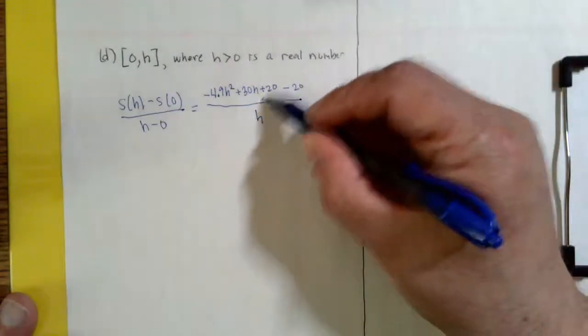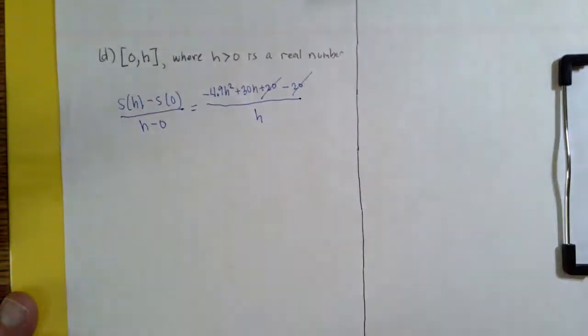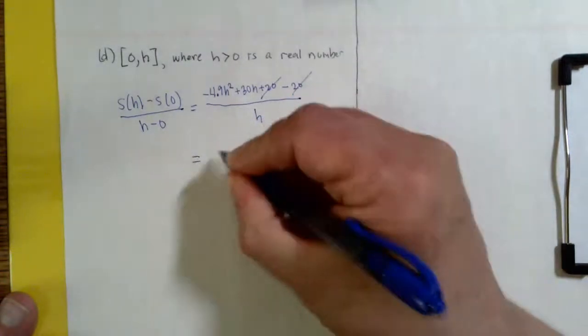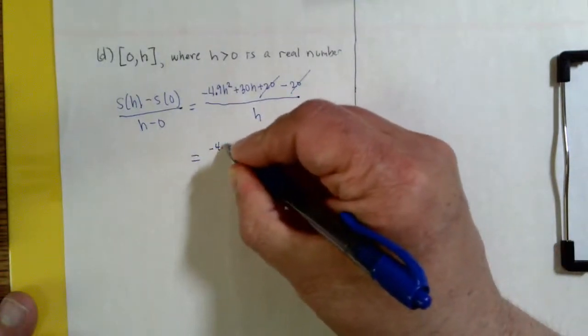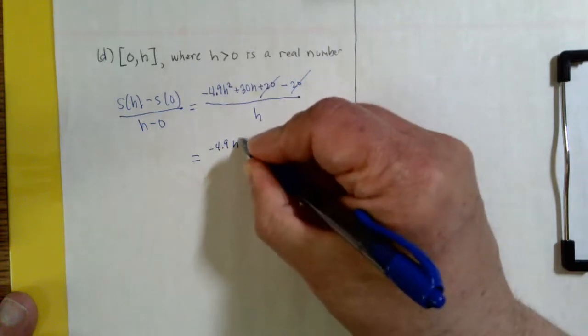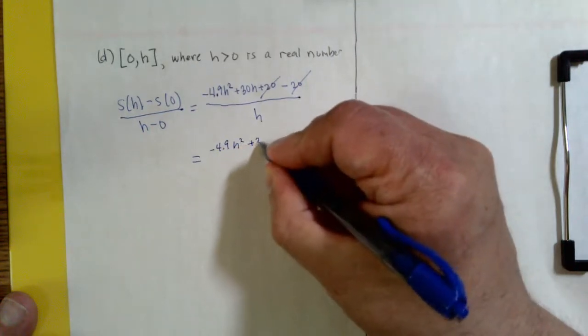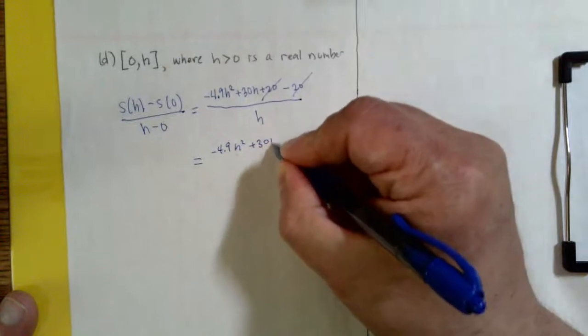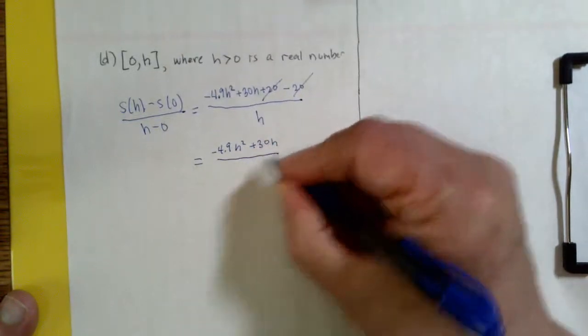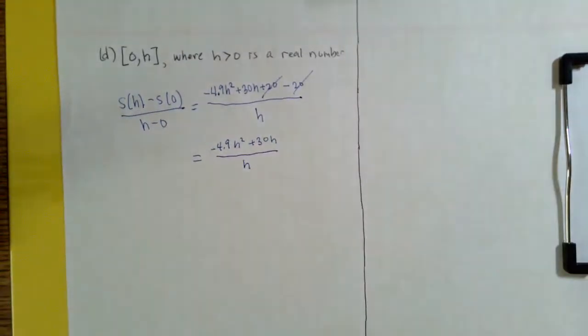Now notice we've got plus 20 minus 20. And there is one more thing we should do to simplify our answer, which is that h is a factor of the numerator.